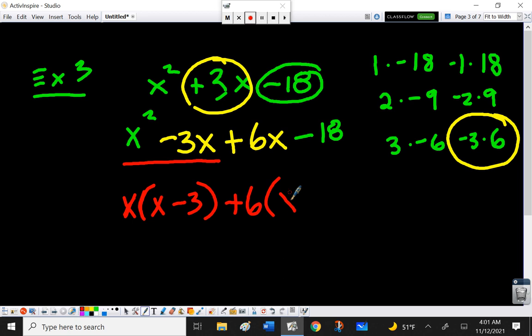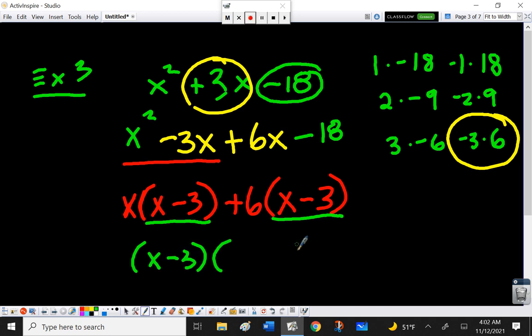So x minus, negative 18 divided by 6 is a negative 3. And look at that. We end up with this here and this here. So we're going to factor that out. And whatever's not inside the parentheses goes inside the second parentheses. x plus 6. And this is our final answer.